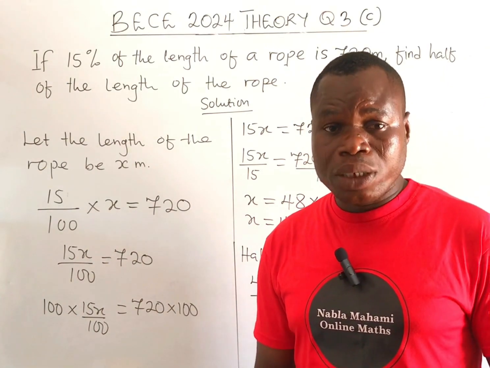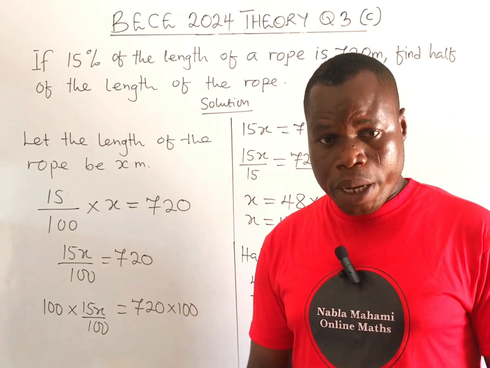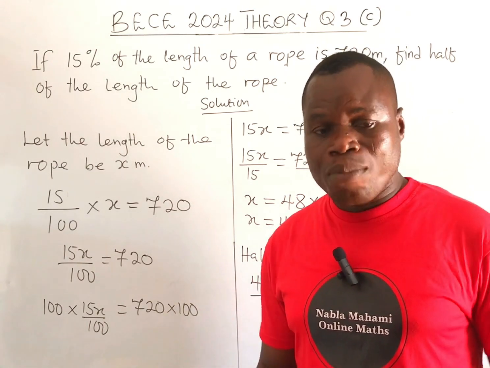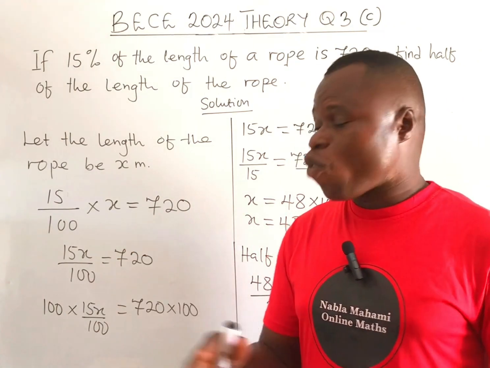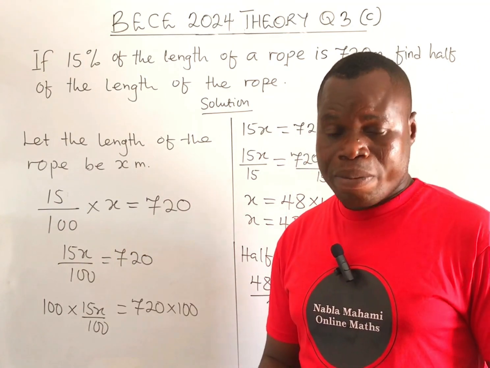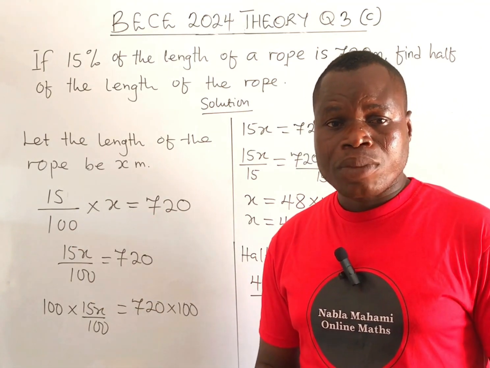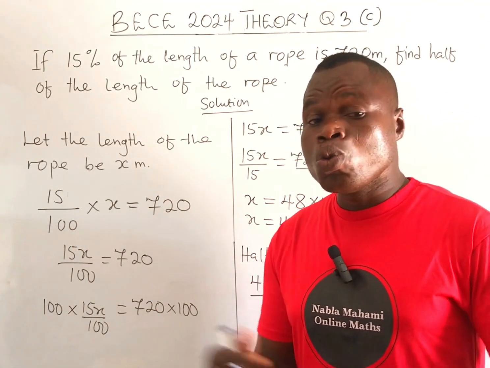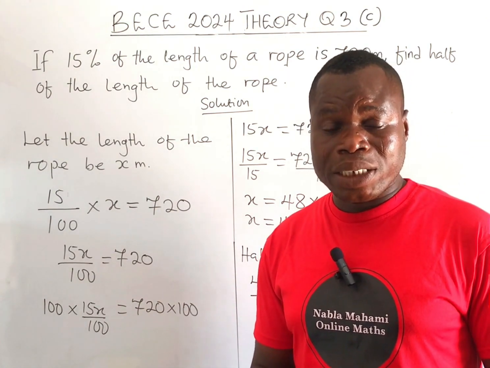Question 4 was construction, question 6 was a graph question, and question 5 was a diagram question. And the students were supposed to pick 4 questions out of the 6, but we have been able to work all the first 3 questions.